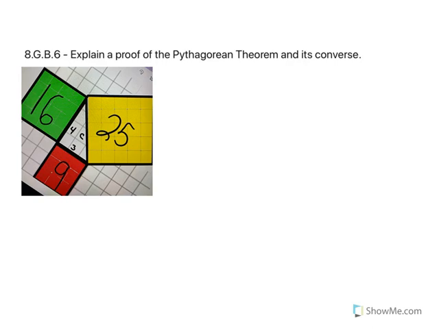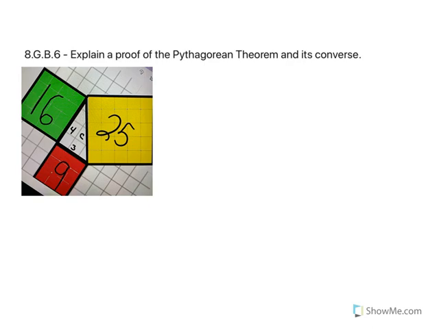8.G.B.6, which is the ability to explain a proof of the Pythagorean theorem and its converse. And this brings in a conceptual lens and the idea of understanding the concept behind the Pythagorean theorem, not just a squared plus b squared equals c squared, but why does a squared plus b squared equal c squared?